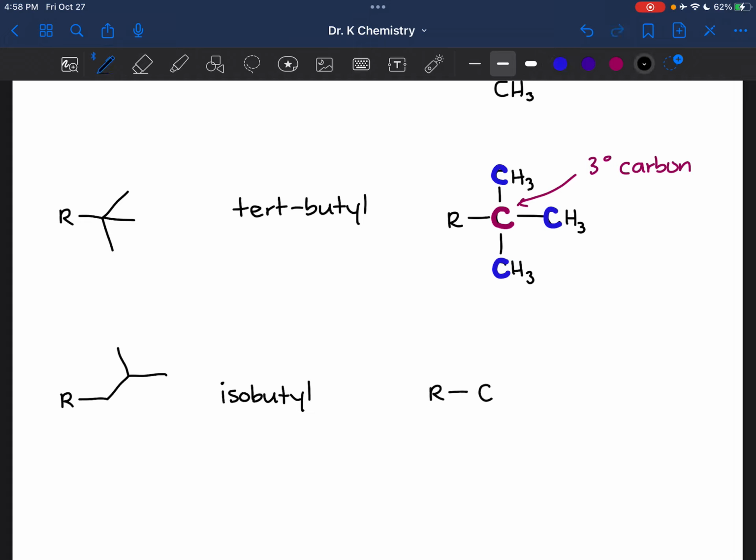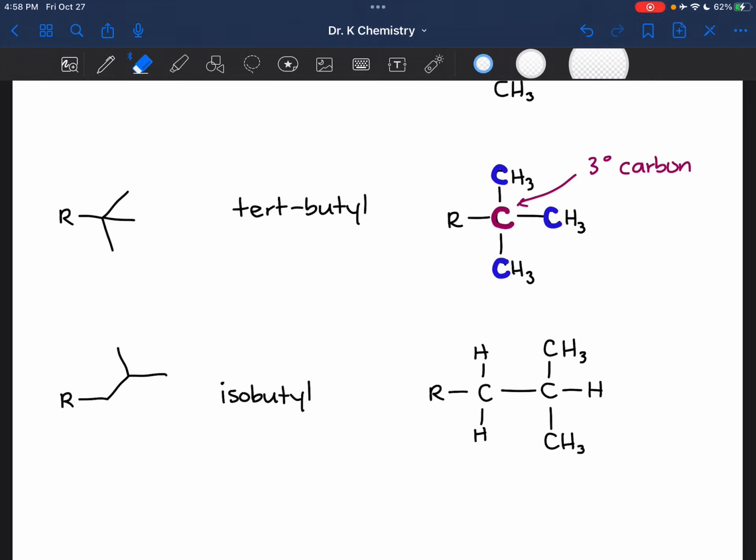And I'll expand this out so you can see the connectivity there. Oh, I feel like I'm missing. No, I'm good. Confusing myself there. Yep, 4 carbons. Okay, so you can see we can have different structural isomers even within the alkyl groups themselves.